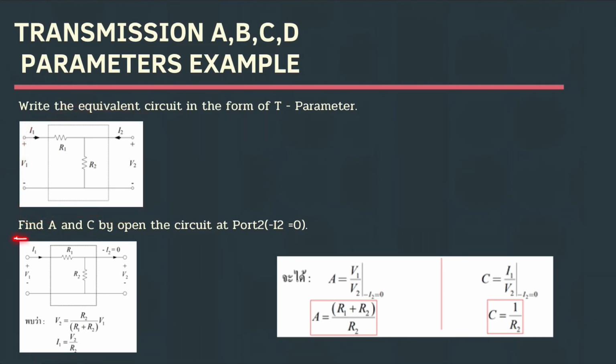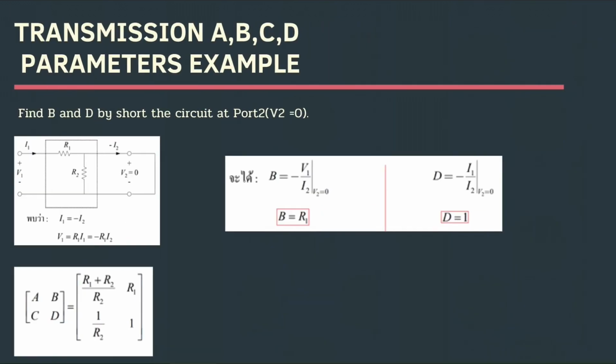Step 1, find A and C by opening the circuit at port 2, when we determine minus I2 equals 0. Then we get this equation from this picture.